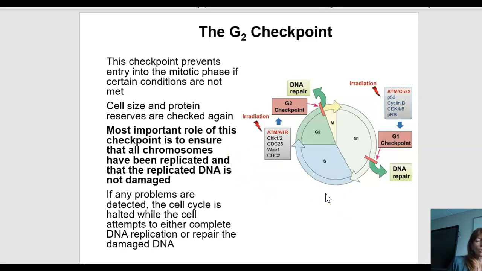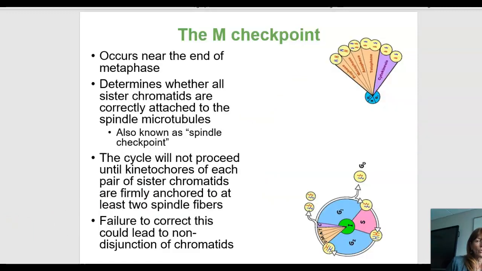And so at this point, if it is not ready for whatever reason, then there can be a pause, and that will allow, in some cases, for that DNA to get repaired, so that there are ways to repair DNA, and we'll see that hopefully in the next section. So that's the G2 checkpoint.